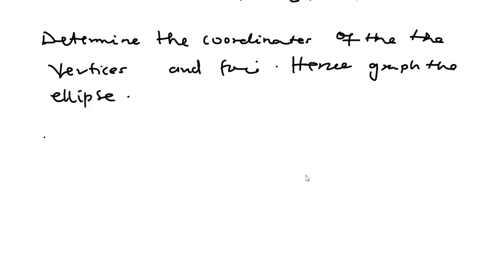So we are going to determine the foci and the vertices, then also graph it. Now the ellipse is x squared on 16 plus y squared on 9 equal to 1.